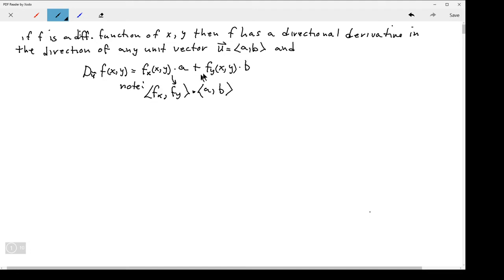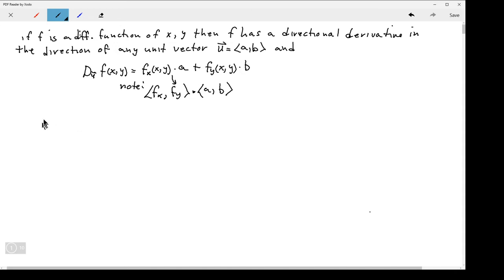So our directional derivative is really the dot product of two vectors, one formed by the first partials, the other formed by the unit vector that we're using to determine the direction. Now the unit vector is going to make some kind of angle with the x-axis. Remember, we can slide vectors back to the origin.